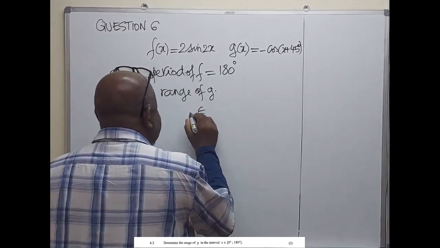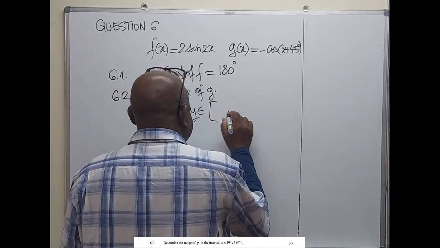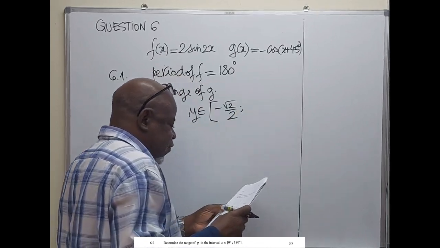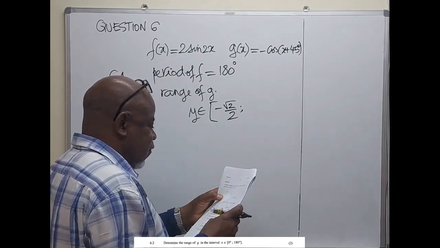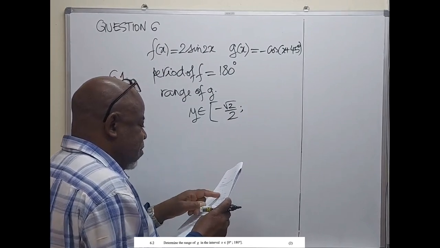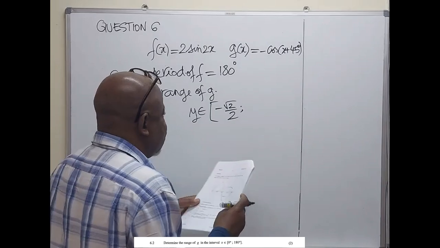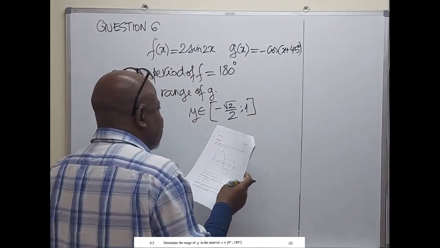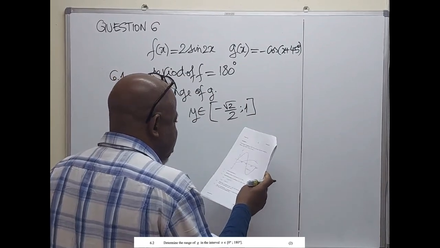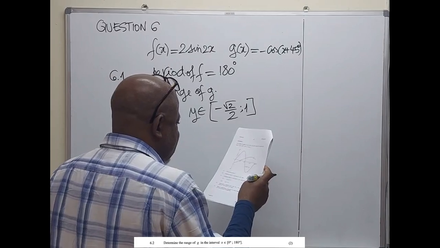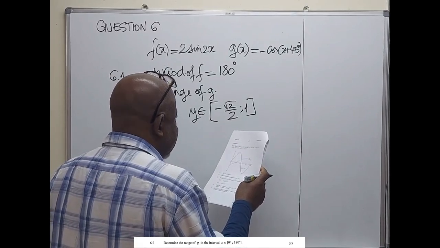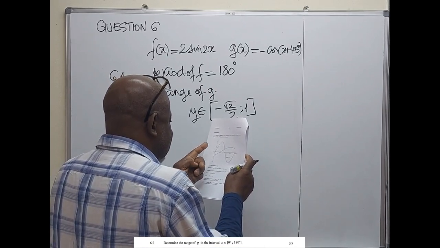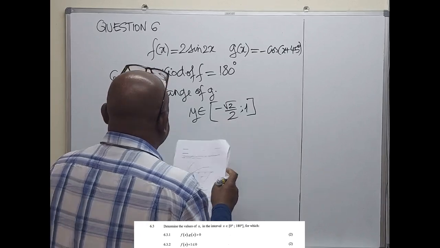So y is a member of the interval from negative square root of 2 over 2, and if you watch the graph of g, the maximum is 1. This is the range of g in the interval from 0 to 180 degrees.